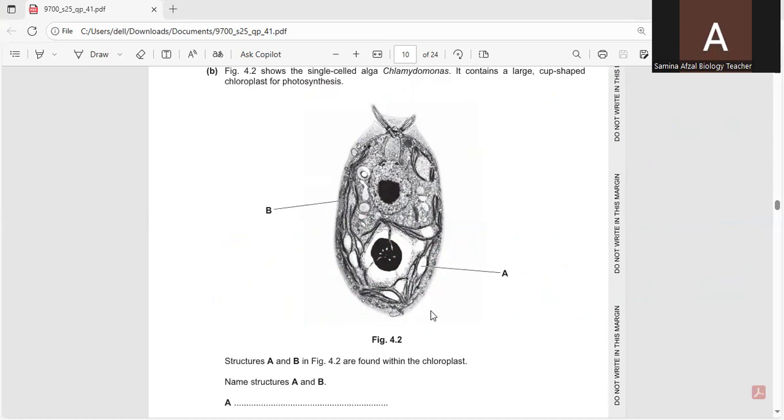So here you can see the structure A. This is the structure A, so it is starch.